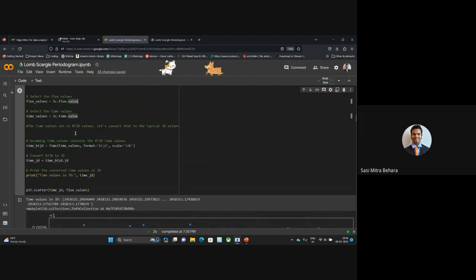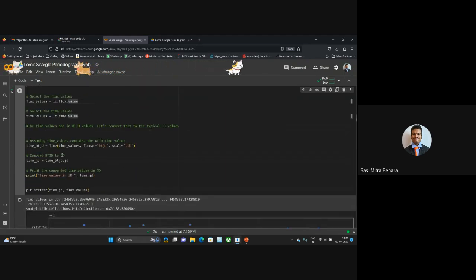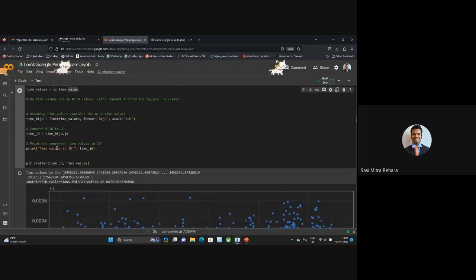Again, time is a very complicated thing to program, so let's just convert all of these time values to units of JD or Julian date. Basically, the idea with Julian date is it is some number that represents time, and every 24 hours it increments by 1.